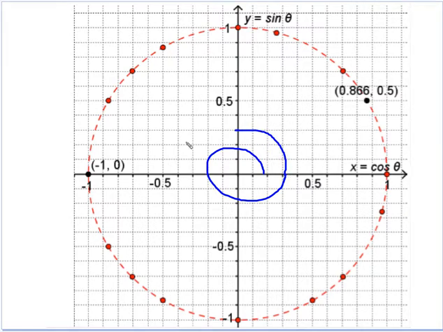So if I wanted an angle of 450 degrees, I can find an x and y value for that by plugging in the angle to cosine of the angle, push enter, and it'll give me my x value. If I plug in sine and the angle and get an answer, it'll give me my y value. And no matter what angle, I will always get a point that follows along this line.